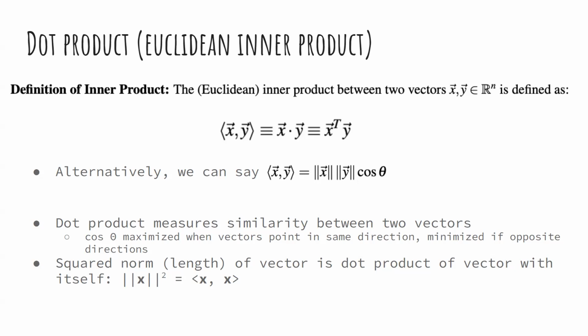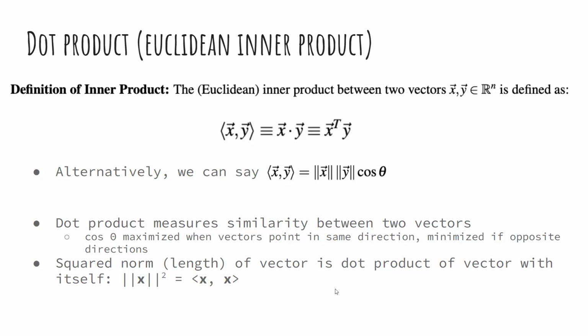That's because when two vectors are pointing in the same direction, the angle between them is 0 and cosine theta is the highest it can be. And if they're opposite directions where the angle is 180 degrees, then cosine theta is going to be -1, which is the lowest it can be. So the more similar the two vectors are, the higher the dot product.